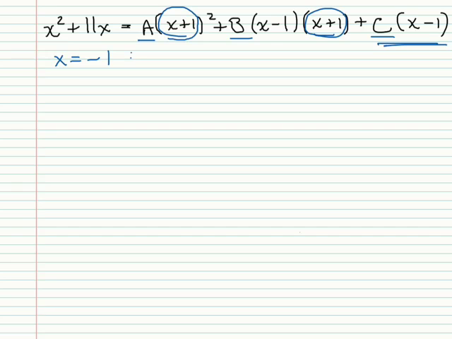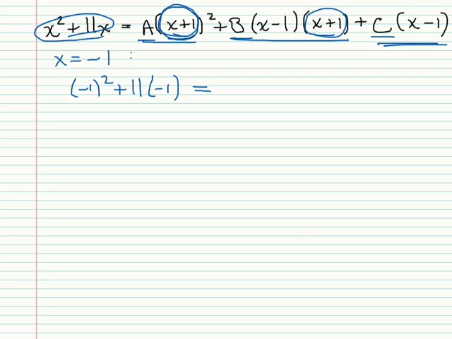On the left-hand side, we have minus 1 squared plus 11 times minus 1, right? We're just plugging in minus 1 into the left-hand side. On the right-hand side, we said that this entire term gets zeroed out and this entire term gets zeroed out, again, because of the x plus 1 factors that are there. When we plug in minus 1, they go to 0.